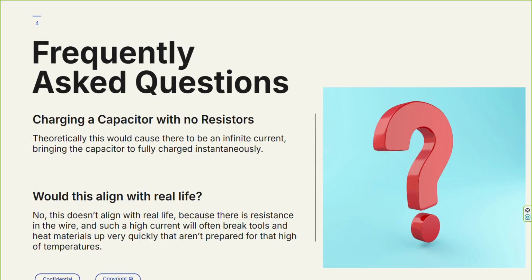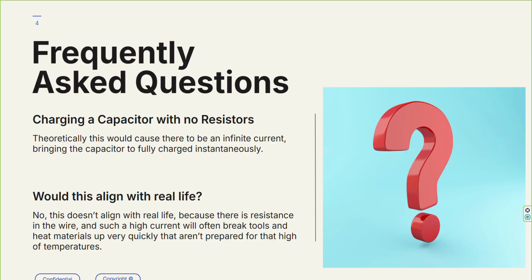Now, some frequently asked questions are what would happen if you tried to charge a capacitor with no resistors? At a glance, this might seem fine, but actually, this is what happens oftentimes when resistors get short-cutted. You get short circuits. That's what they're called.